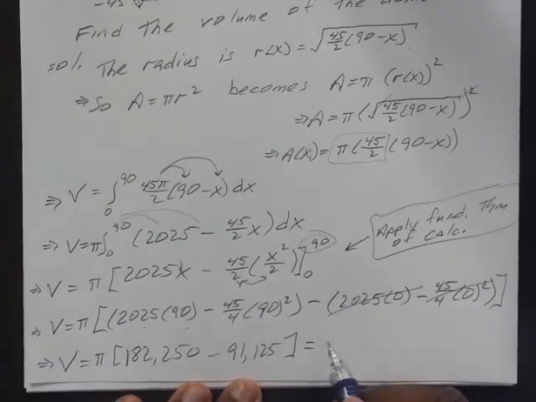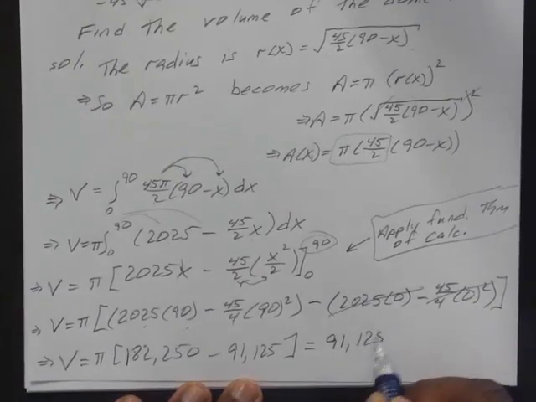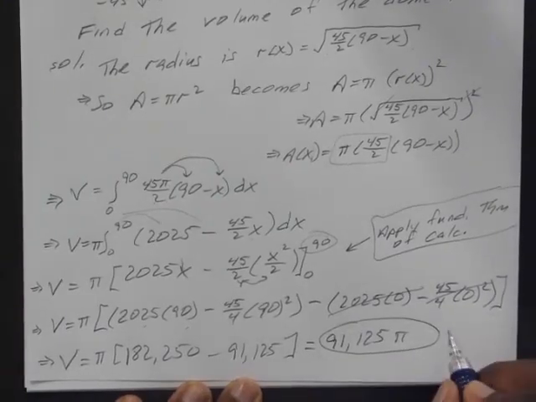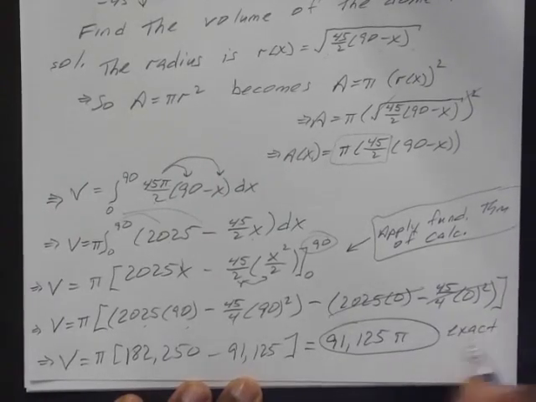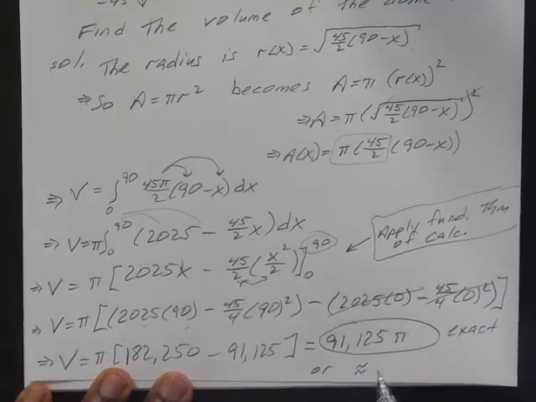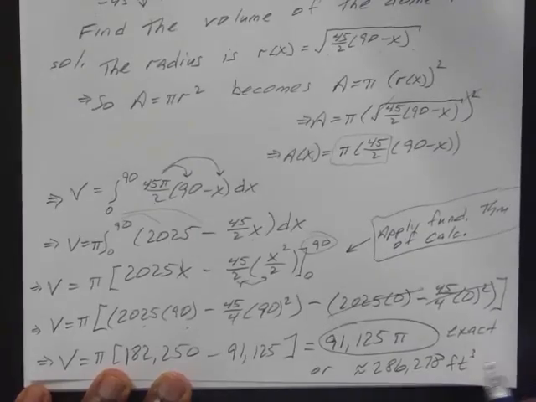Which actually gives us 91,125 pi, which would be your exact answer if they want the exact answer. Or if you plug that into your calculator, you'd get 286,278 approximately, cubic feet.